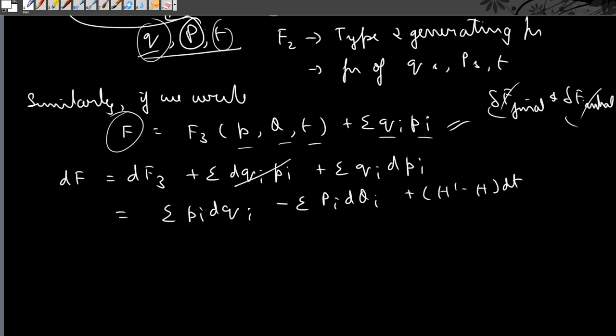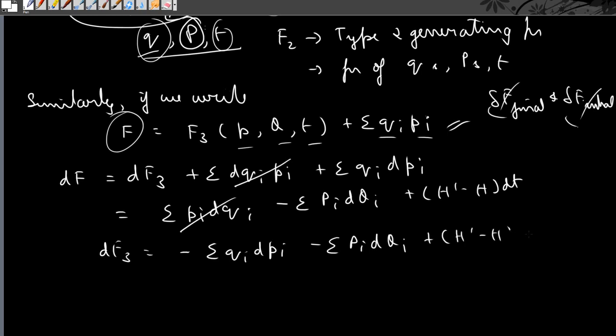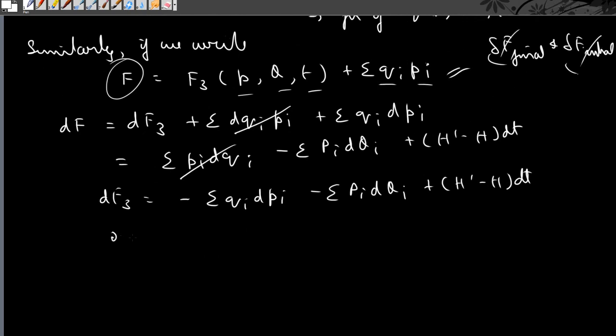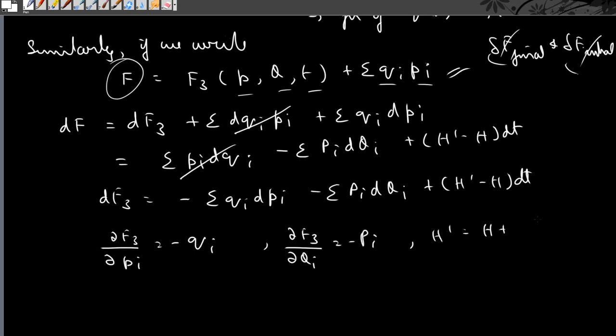Now here this will get cancelled with this, so we have df3 equal to minus summation qi dpi minus summation Pi dQi plus h dash minus h dt, from which we get the relations dou f3 by dou pi equal to minus qi, dou f3 by dou Qi equal to minus Pi, and h dash equal to h plus dou f3 by dou t.